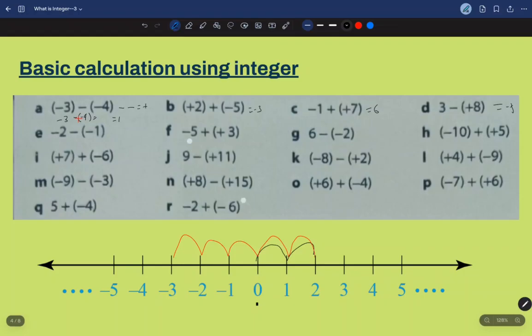Minus 2 minus negative 1 changes into plus, which is negative 1. Negative 10 plus 5, that's negative 5.